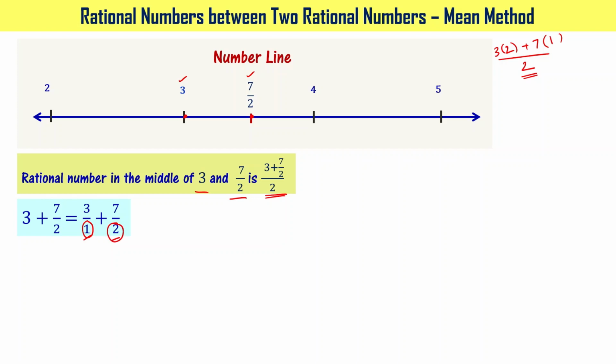So 3 times 2 plus 7 times 1 divided by 2. Simplify it and you get 13 by 2. Now we got the value of the numerator of the rational number we are looking for. 3 plus 7 by 2 is 13 by 2.